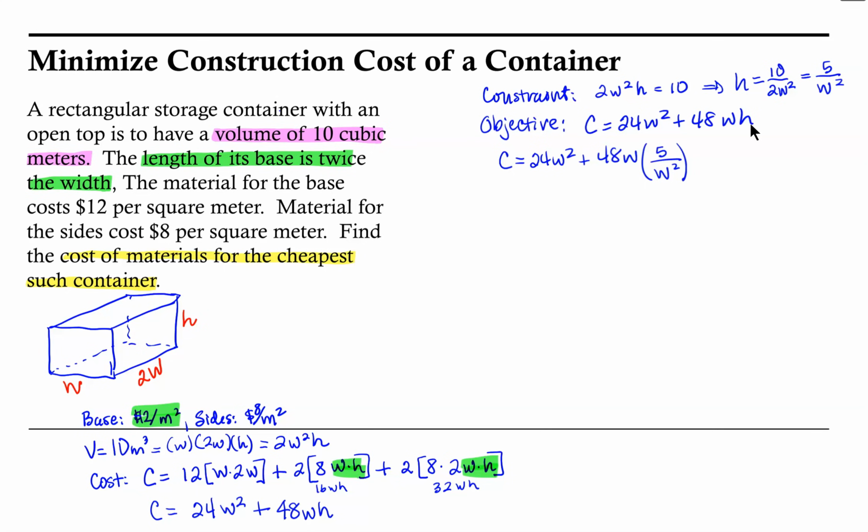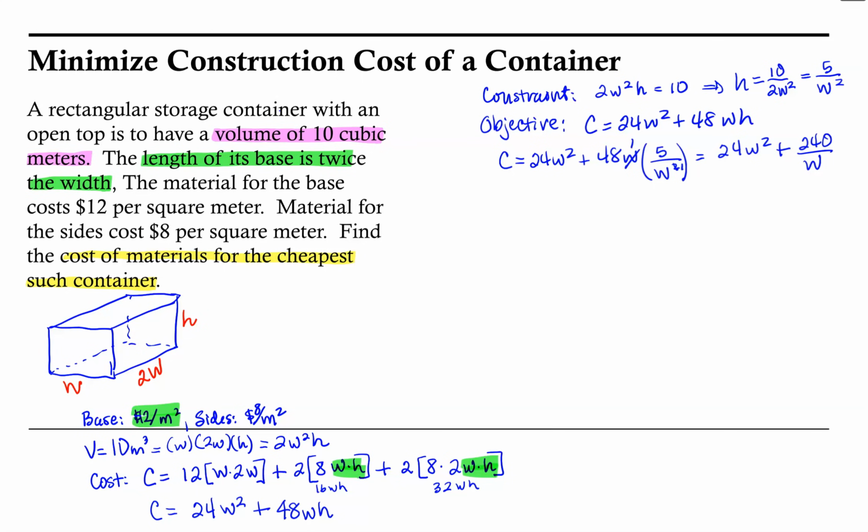The W's will divide out, leaving us with 1 W in the denominator. So we have 24W squared plus 48 times 5, which is 240, over W.